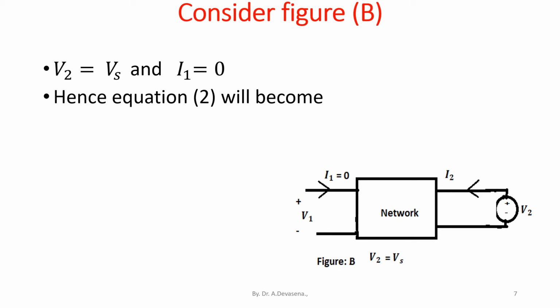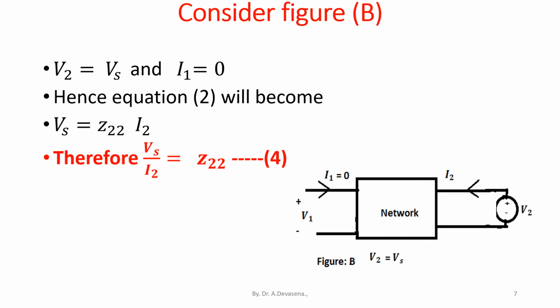Hence, equation 2 will become Vs is equal to Z22 I2, because we have substituted V2 is equal to Vs and we have considered I1 is equal to 0. Therefore, Vs by I2 is equal to Z22. Consider this as equation 4.